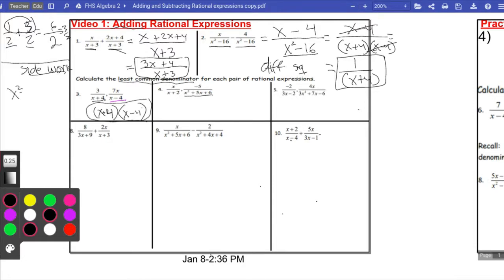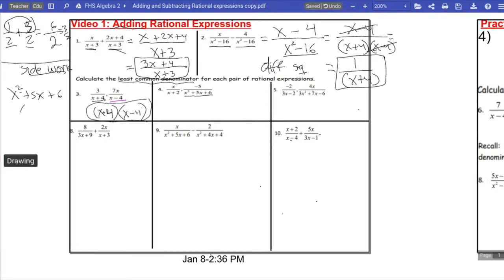So I have x squared plus 5x plus 6, right? I'm looking for something that multiplies to 6, but the sum is 5. 3 and 2, because 3 plus 2, you get 5. Therefore, you get x plus 3 and x plus 2.